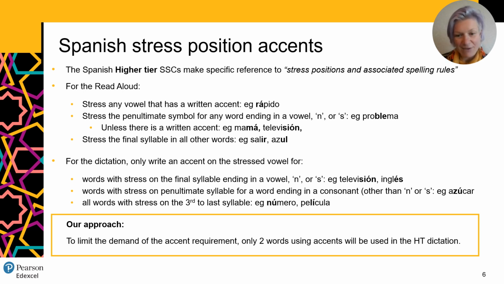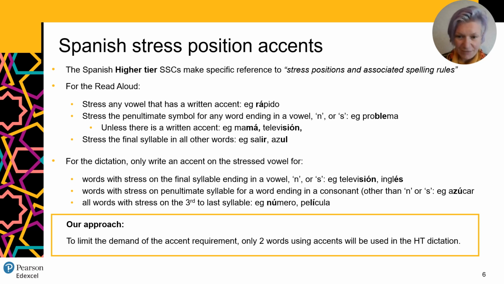So in the read aloud, we've looked at that, how it's marked holistically overall, but part of the expectation around the read aloud is that the students will be applying stress appropriately to those syllables that have a written accent. So you've got 3 examples there of where the relative stress for the higher tier for Spanish would be something that was incorporated into the assessment.